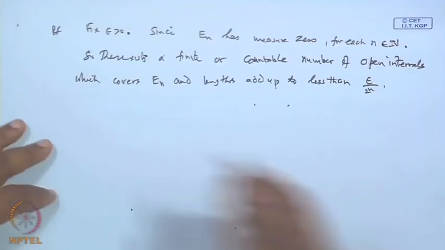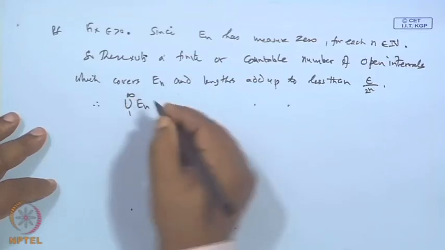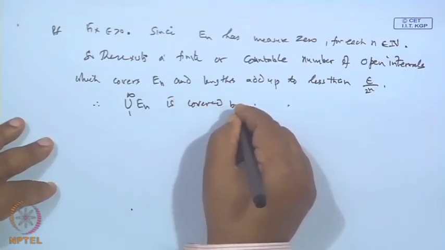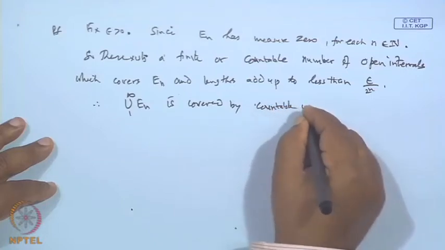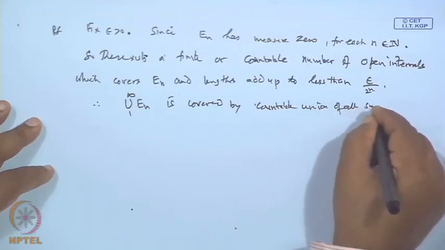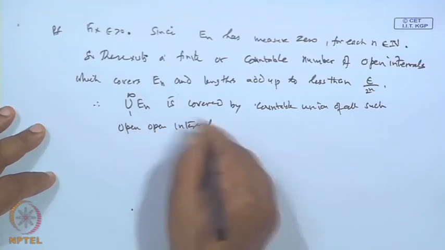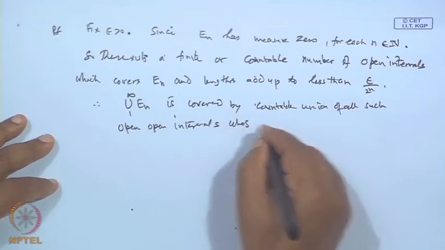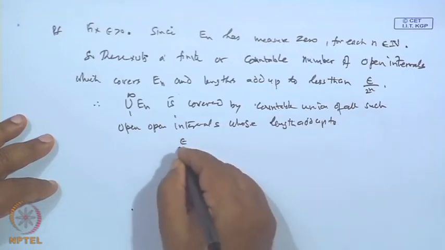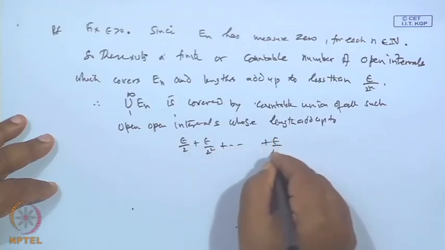Therefore, the countable union of E n, n from 1 to infinity, is covered by the countable union of all such open intervals, whose lengths add up to epsilon by 2, epsilon by 2 square, epsilon by 2 to the n, and so on.